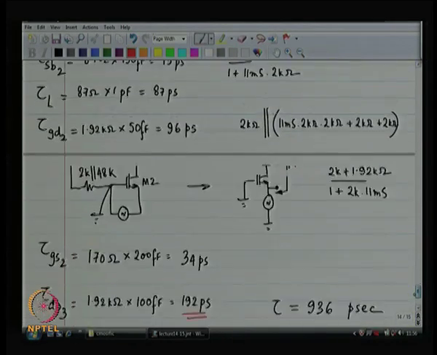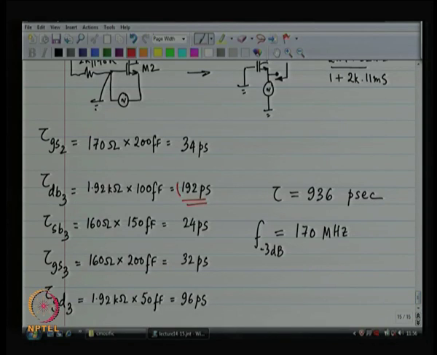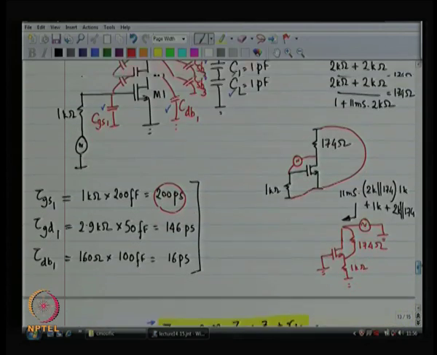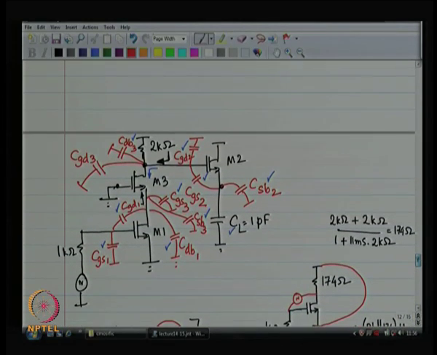The second largest is this 192 picoseconds, coming from drain to body of device number 3. So, possibly this could be my culprit, but gate to source of device number 1 is definitely a culprit.